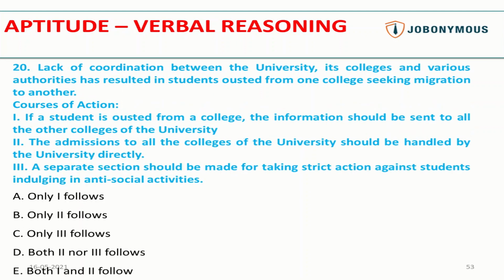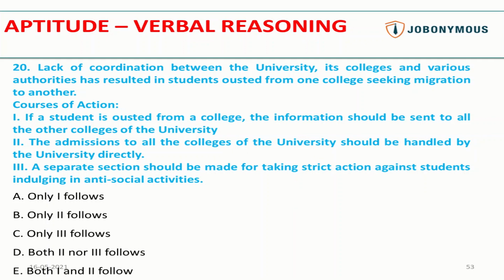Next, again, a similar type of question. Lack of coordination between the university, its colleges, and various authorities has resulted in students ousted from one college seeking migration to another. So, courses of action that the university should take: if a student is ousted from a college, the information should be sent to all the other colleges of the university.